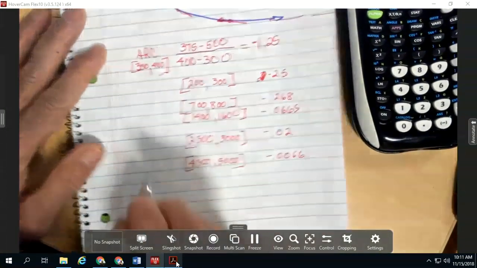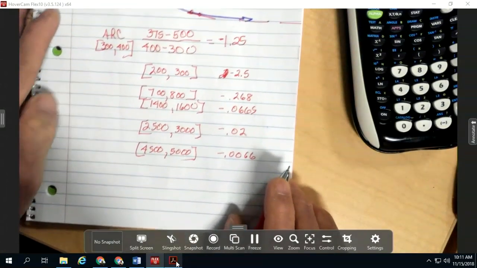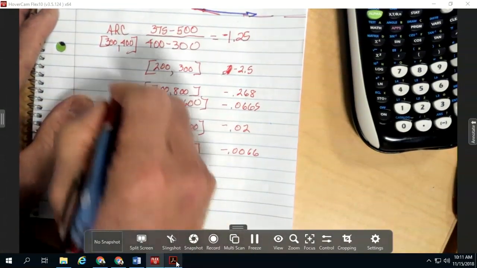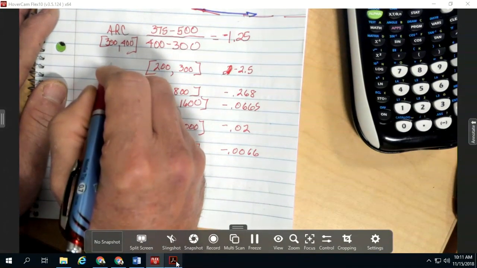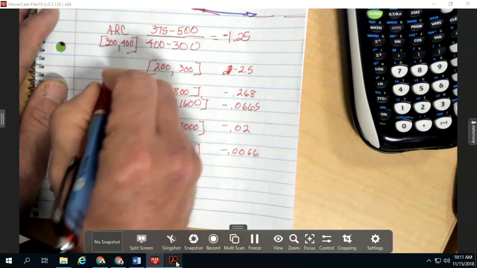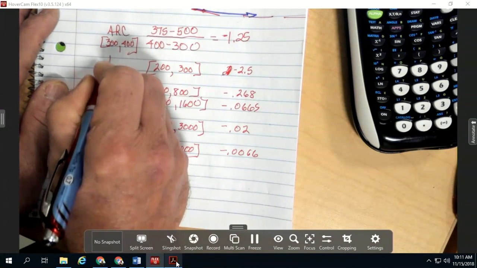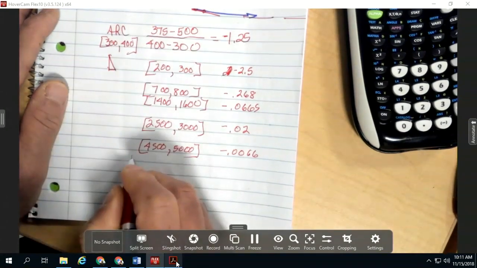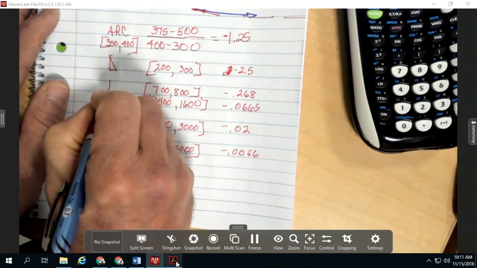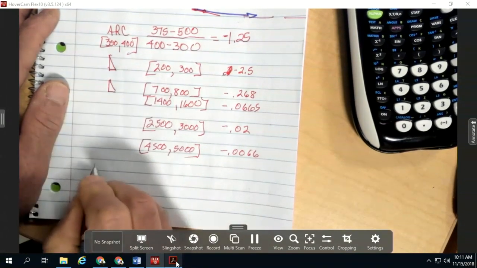But if you notice, up here we were doing the rate of change over 100. It was like this. Over 100, it was like this.